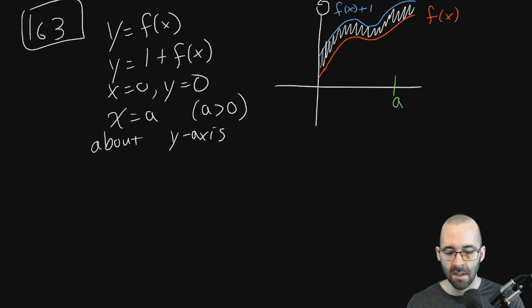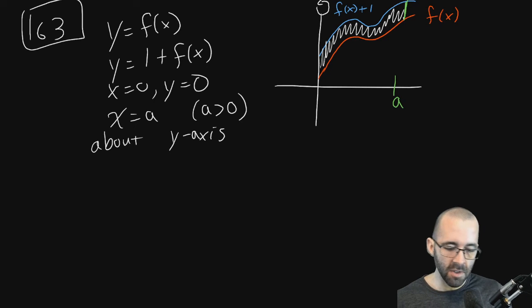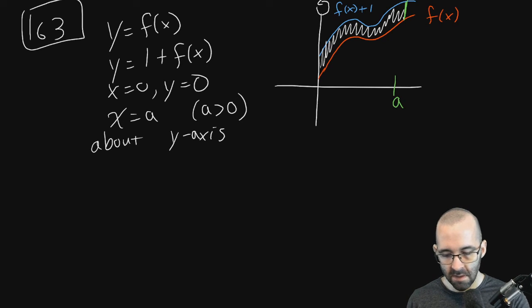Shell method says, okay, we're revolving around the y-axis. We need things in terms of x. Let's draw our little x's. Our rectangles in terms of x look like this.